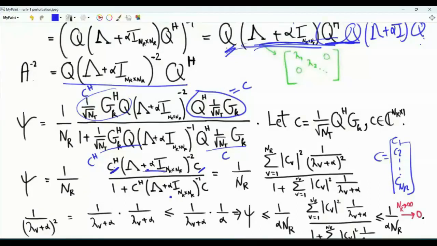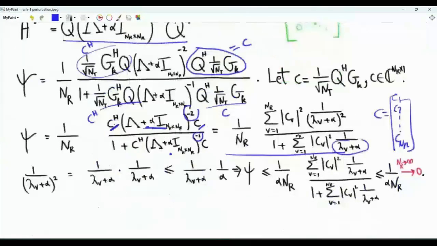And then we have the vth element on the main diagonal of this diagonal matrix. That's 1 over the square of lambda v plus alpha. Same thing in the denominator. It is just that lambda v plus alpha is not squared, because here we have minus 1 and here we have minus 2. So far, we haven't done any bounding. Epsilon, which is the difference between the traces, one of them using G G Hermitian and the other using G minus K Hermitian, is given by this expression here.